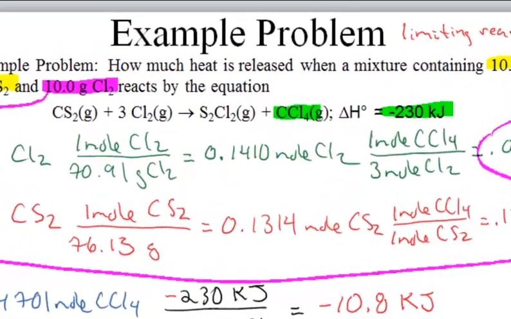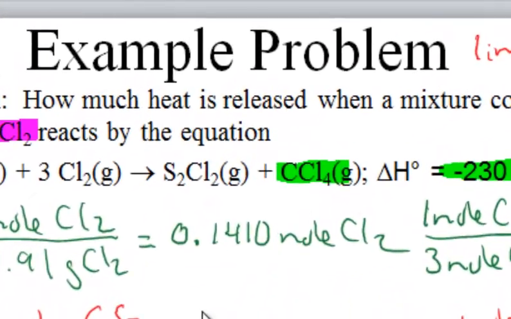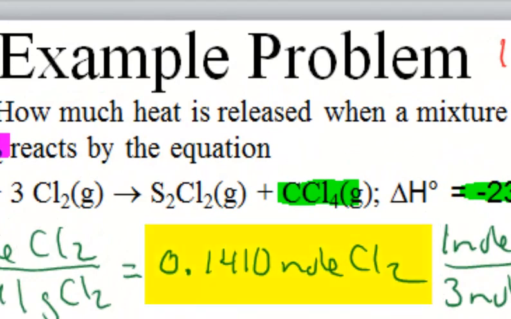We could have also started this problem with the moles that were used up, and we should get the same amount of energy. I don't expect you to show it both ways on the exam, but I want to show you so that you can see that it should be the same. Hopefully our starting numbers are different, and our proportion or relationship is also different, so that we get 10.8 as our final answer.